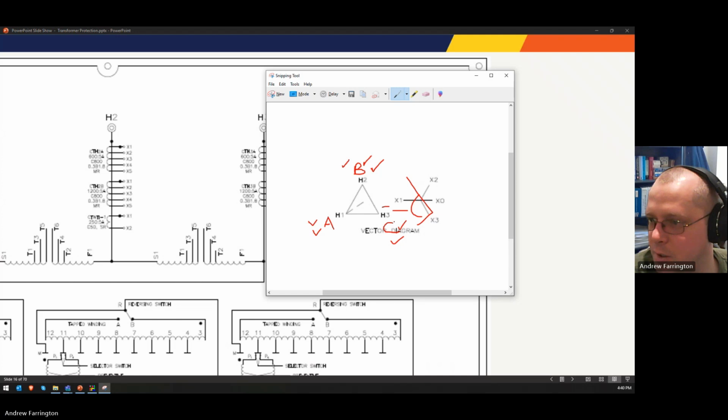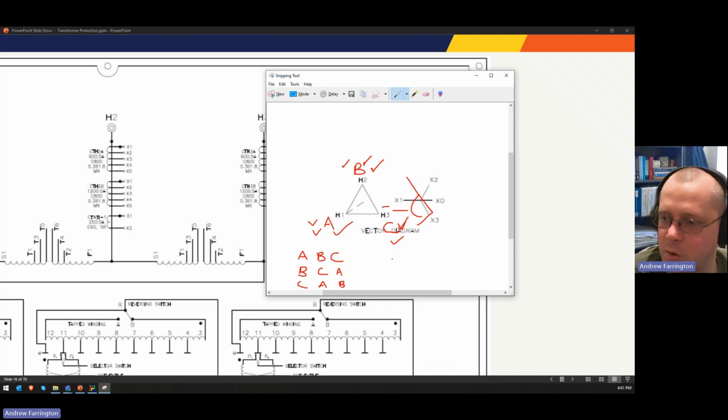B, C, A. So yeah, sorry, got myself turned around there. So A, B, C is positive sequence, as is B, C, A, or C, A, B. And so these are all positive.